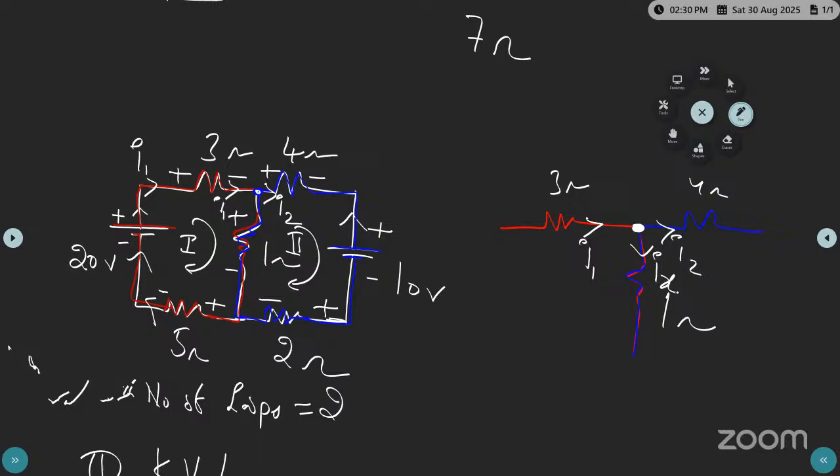So we know that at a node, the algebraic summation of currents is equal to 0, or the algebraic sum of the currents entering the node is equal to the algebraic sum of the currents leaving the node. What currents are entering here? I1. What currents are leaving?